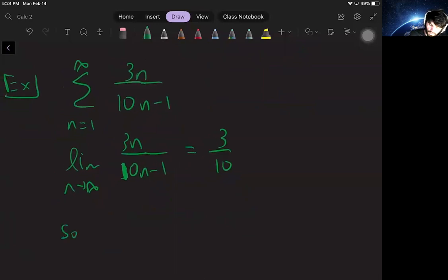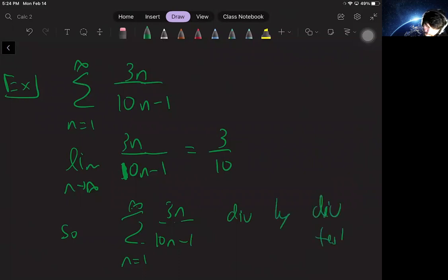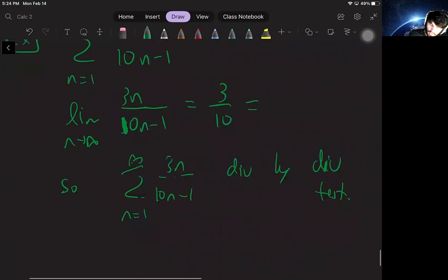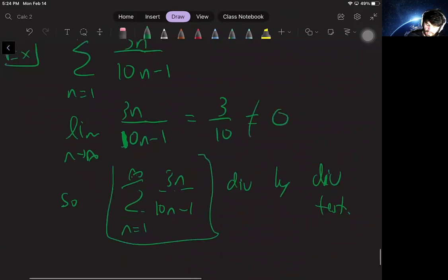So you can say that this guy diverges by the divergence test. Right, so you didn't get 1, you didn't get 0. So that's enough information to immediately say something about the series.